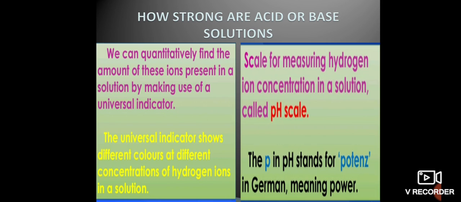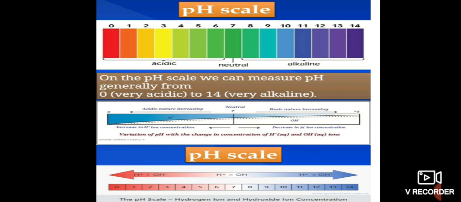Dear children, pH can be measured in terms of the pH scale. The P in pH stands for potenz. In German, potenz means power. Dear children, you can see how the pH scale is.